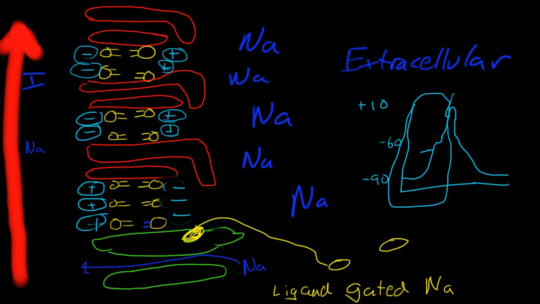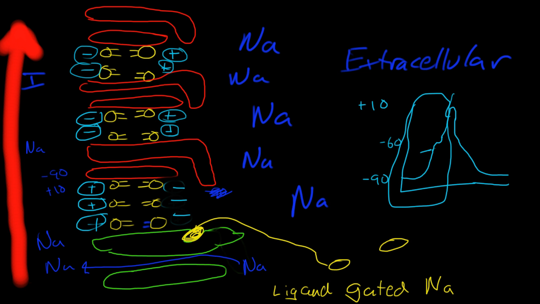Okay, so what's happening here is lots and lots of sodium is rushing in through this ligand-gated sodium channel, and this is changing the polarity of the membrane. And this next sodium channel is a voltage-gated sodium channel, and it notices the change, actually on the inside, from negative 90 to positive 10.